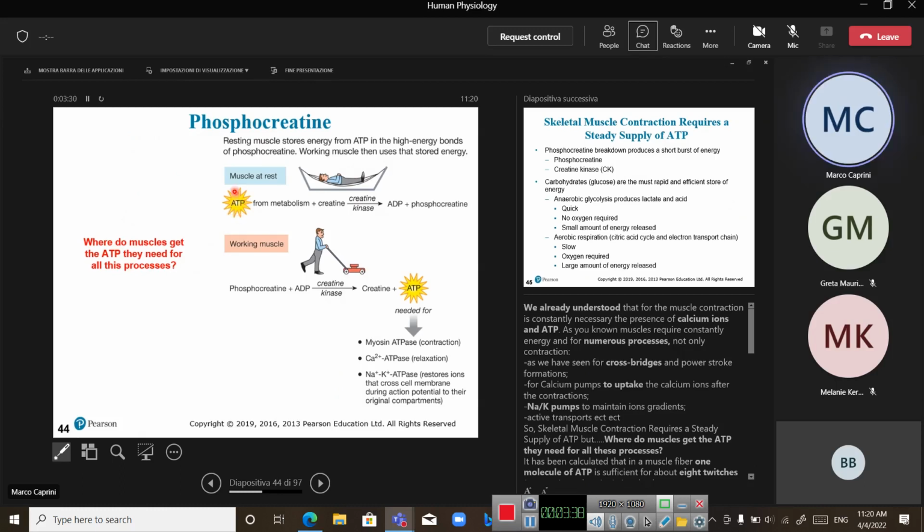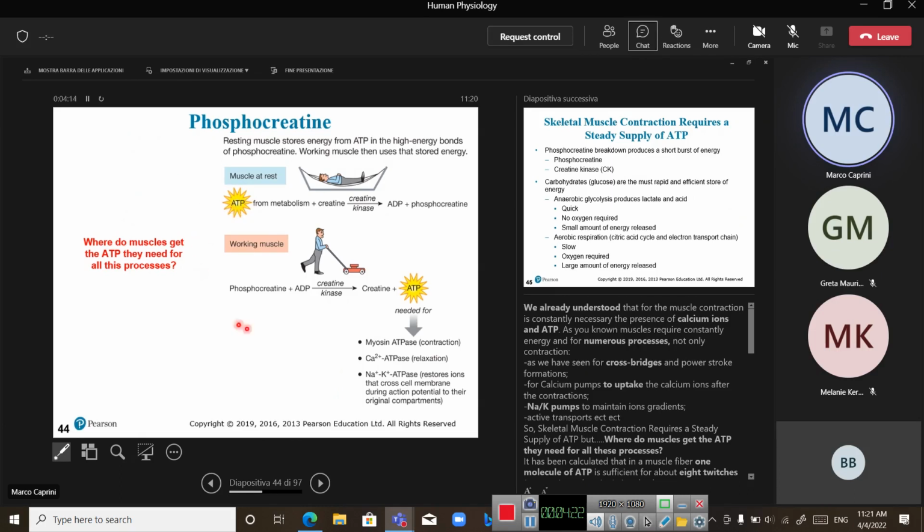So, as you know, muscles require this energy, but not only for muscle contraction, but for numerous processes that we already analyzed. Calcium is important for the cross bridges and for the power stroke formation, but ATP is also extremely important for the uptake of calcium ions.